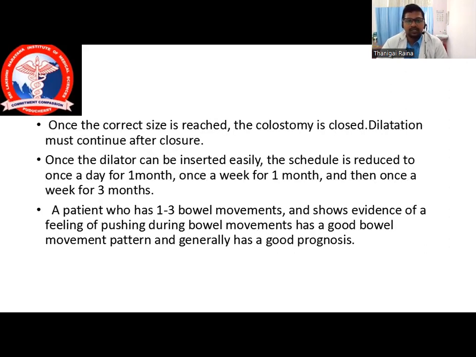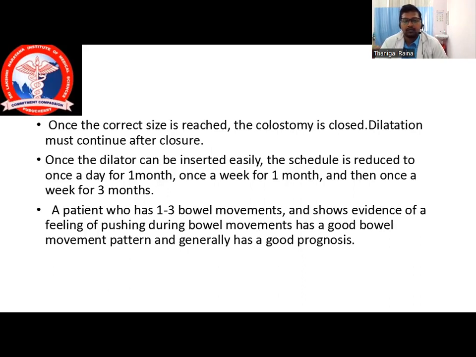Once the correct size is reached, the colostomy is closed and dilatation must continue after closure also. Once the dilator can be inserted easily, the schedule is reduced to once a day for 1 month, once a week for 1 month, and then once a month for 3 months. This is the anal dilatation protocol you should follow once the colostomy is closed.